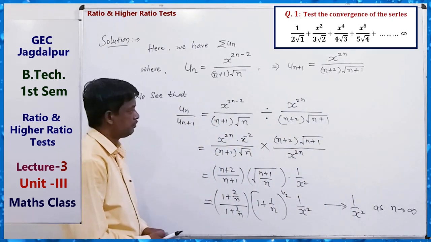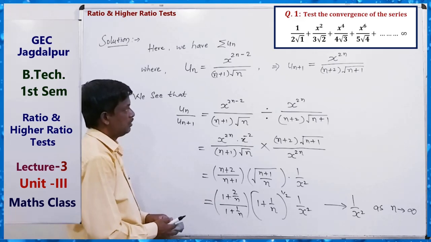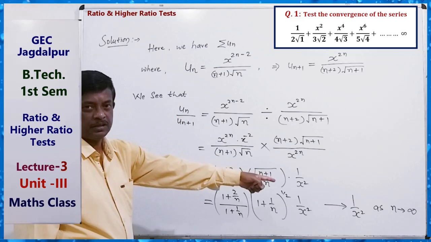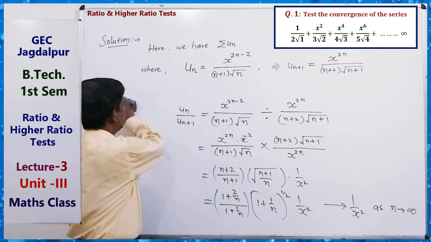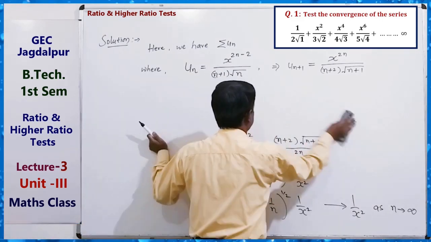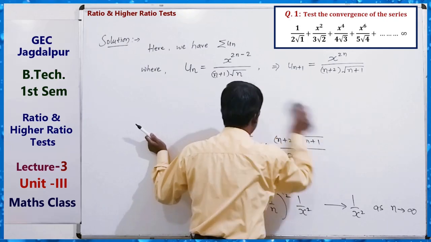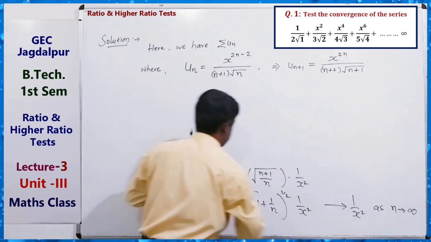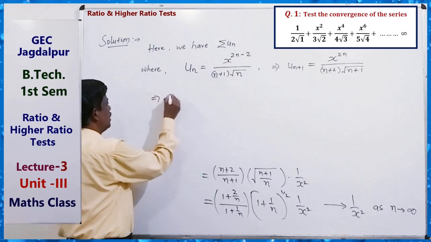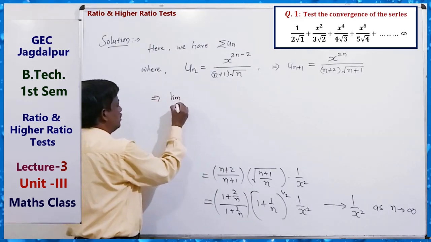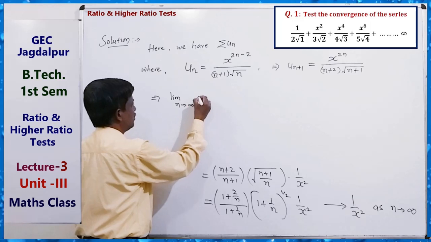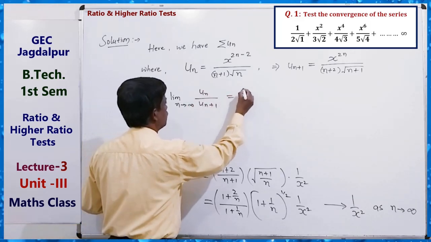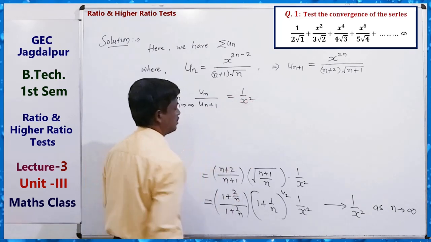Now here its limit, after this line, just write like this: limit n tending to infinity, un upon un plus 1 equals to 1 upon x square.